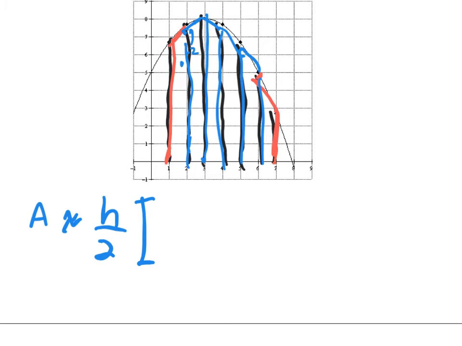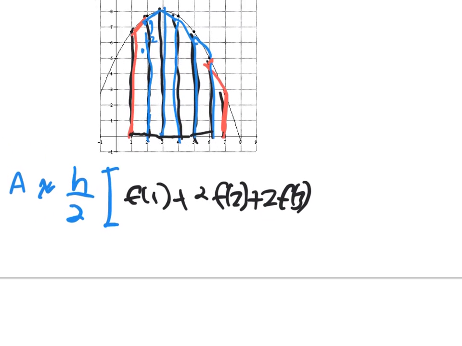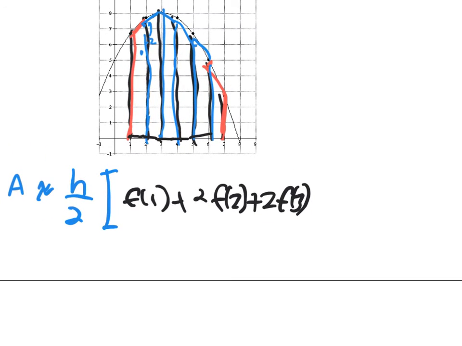Okay. So I have one f of 1. And now, if the width is 1, it ends up at a 2. It ends up at a 3. It ends up at a 4, a 5, a 6, and a 7. So I have 2 f of 2s, 2 f of 3s. How do you determine that again? It's because they're sharing a side.